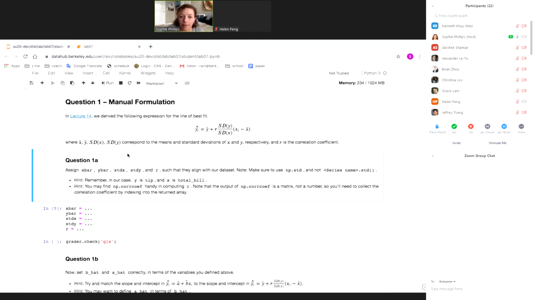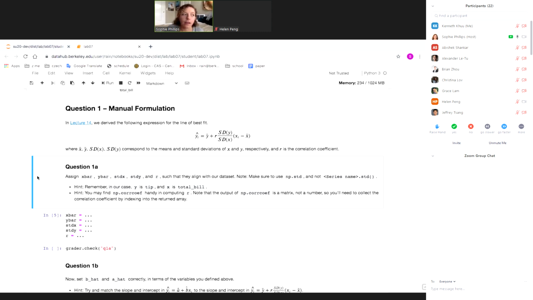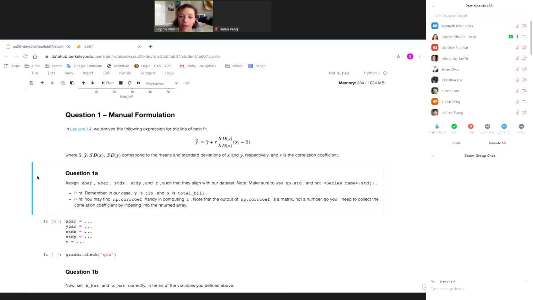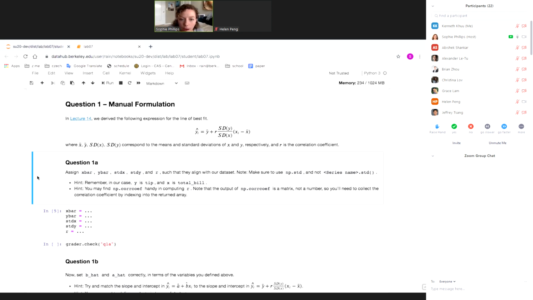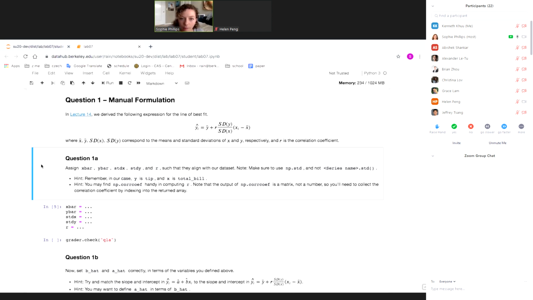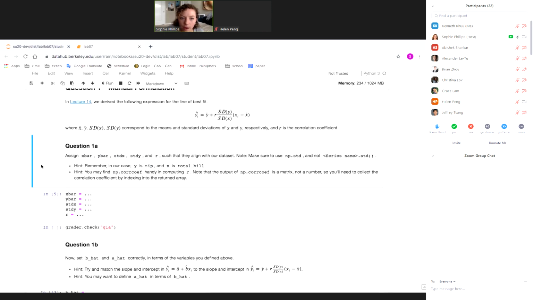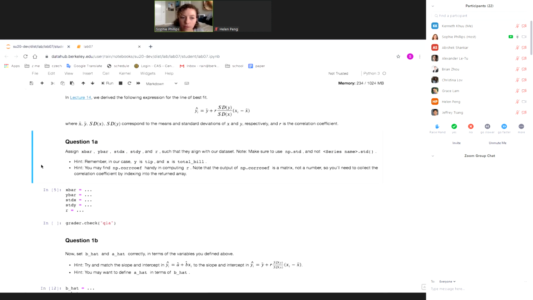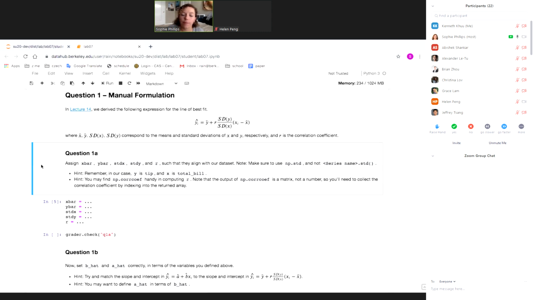Now this equation is slightly reformulated from the traditional a plus bx we're used to. So for 1a, we're going to plug in the values for these constants in the model so that we have a function that can output predictions.